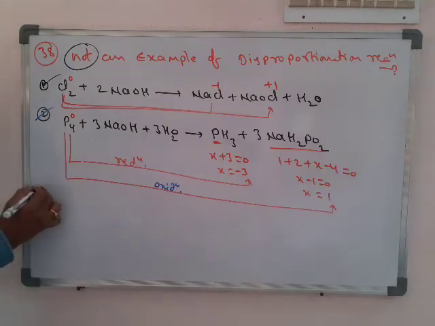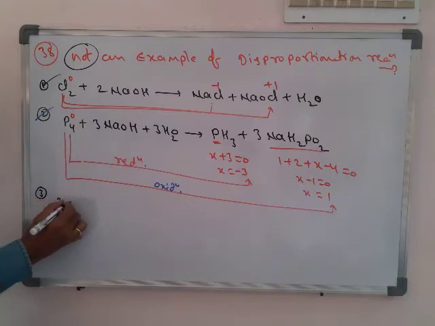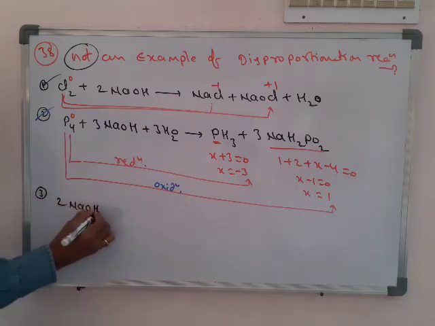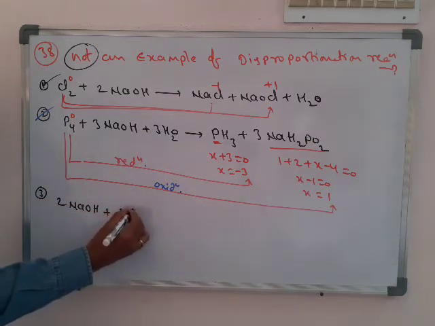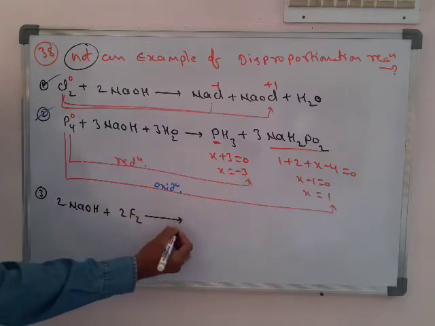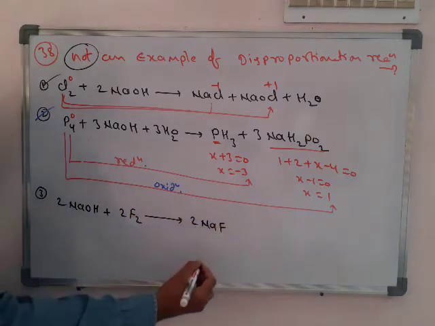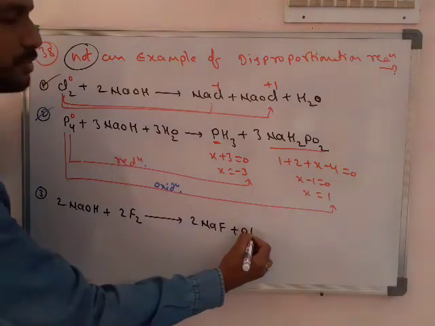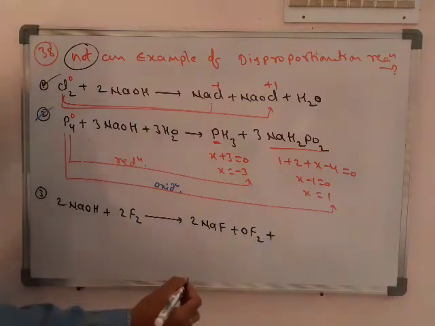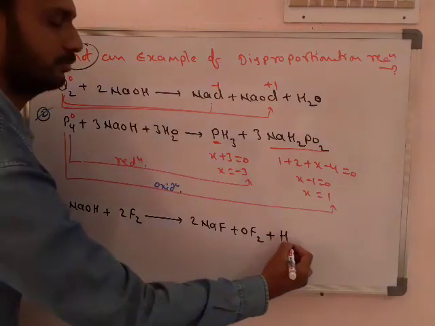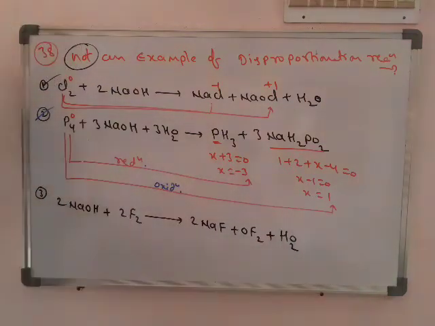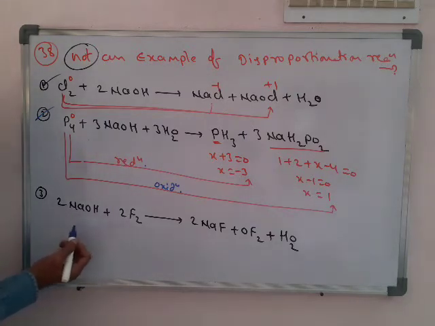Next, there is one more option. We check the third option. Sodium hydroxide plus 2F2 gives 2NaF plus OF2. See here, there is no change in the sodiums.